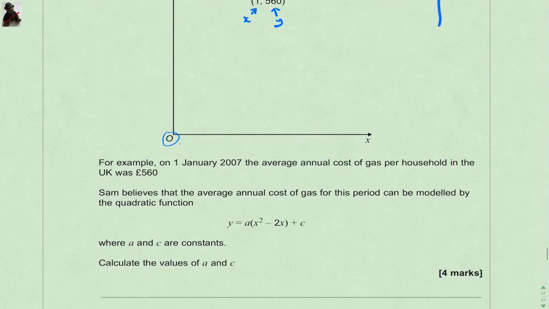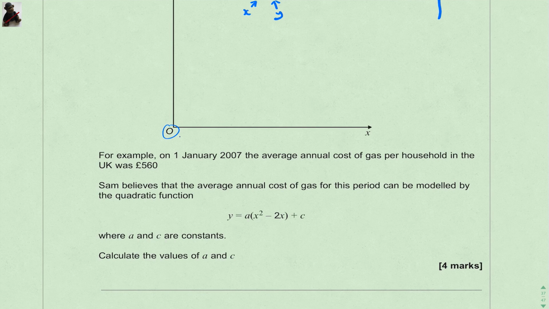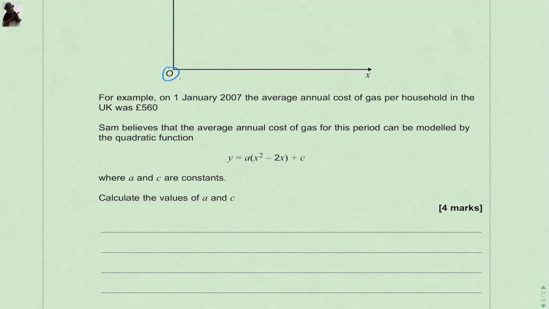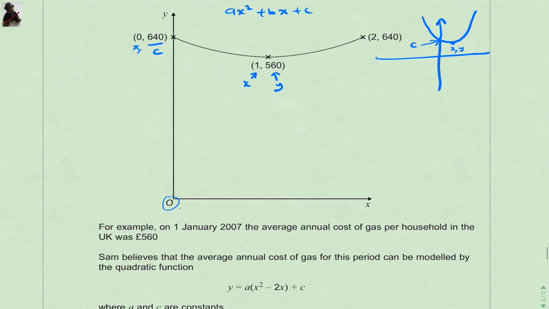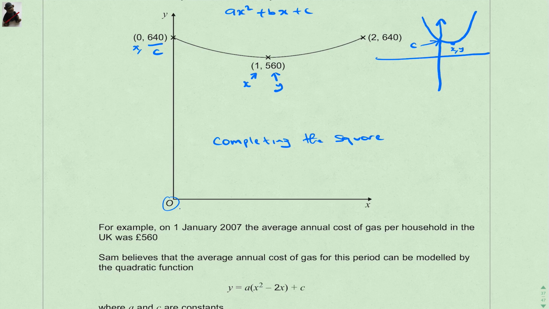So we're given the modeling equation. What we need to do is solve that modeling equation using completing the square so that we can find the turning point. Completing the square gives us the turning point coordinates, the x and y.